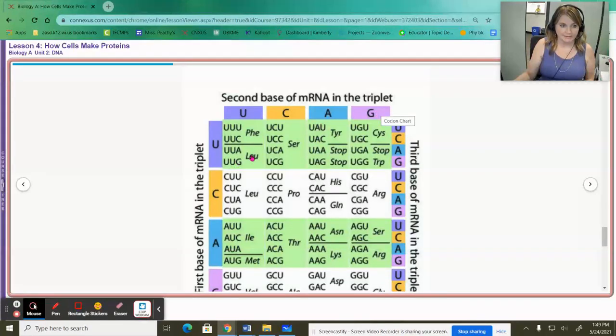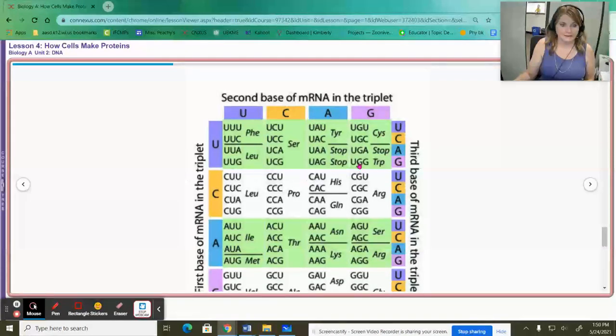Since I'm in the top row, I'm only limited to this square because this is where G is in that row. My last one was C. So I go down the side and I find C, and whatever is here, UGC, CYS, that is the abbreviation for the amino acid, which is cysteine. So if I have the base sequence UGC, then my amino acid is cysteine.